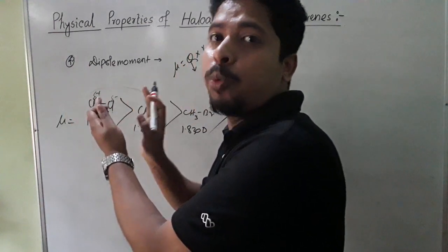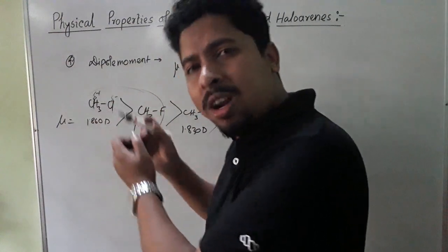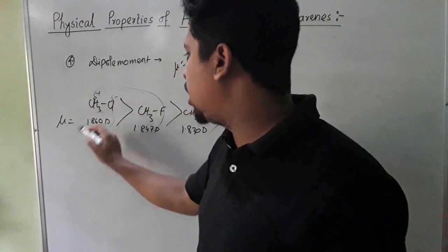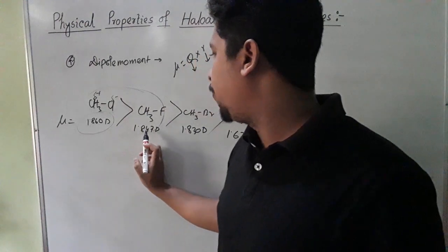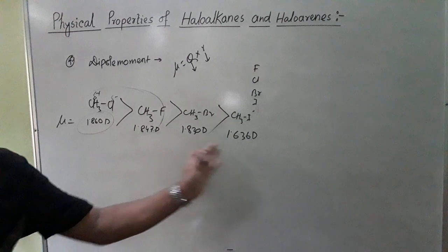As a result, the product of charge and bond length comes out somewhat lower than that of CH3Cl. That's why it has been found experimentally that CH3Cl has a higher dipole moment value than CH3F, and then it decreases in this order.